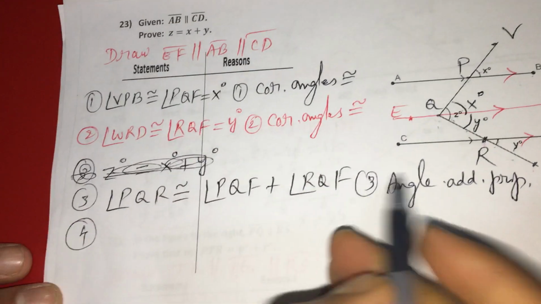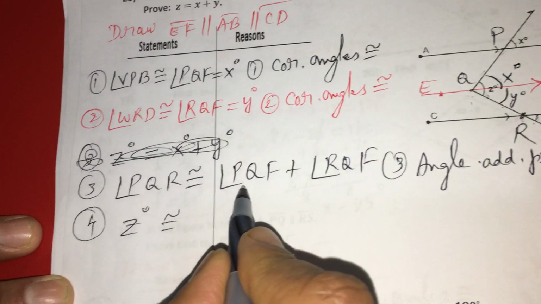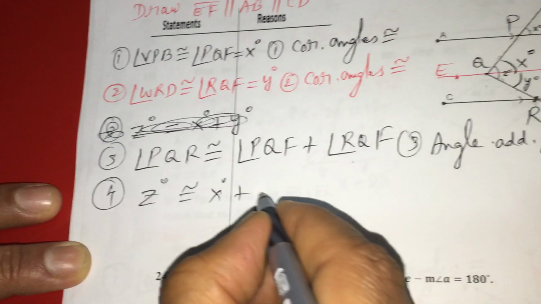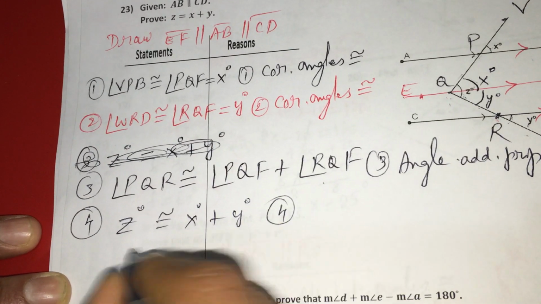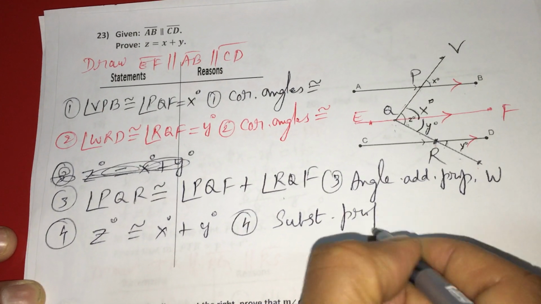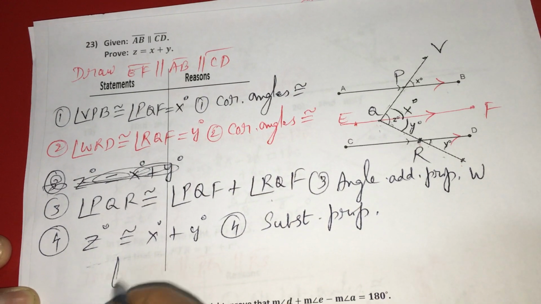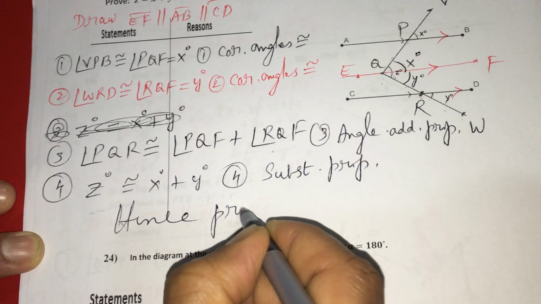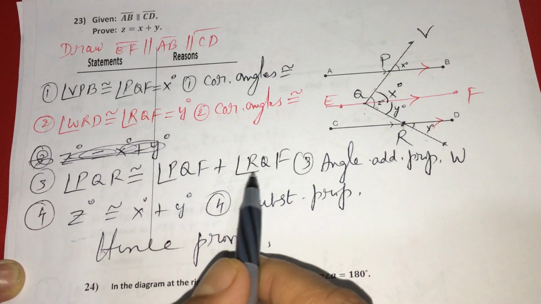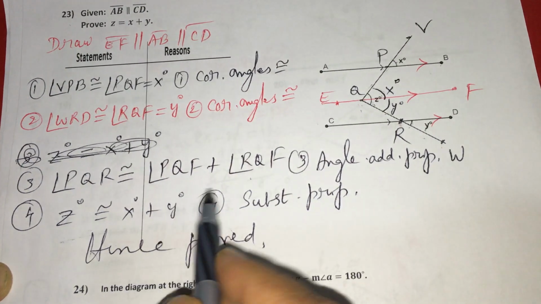Now, the fourth one, for angle PQR, I write z degrees, and angle PQF, I write x degrees, and angle RQF, I write y degrees. What is the property I used? Here I used the substitution property. And if you see here, z is x plus y, that's what we got here. Hence proved. So in this way, you have to prove this 23rd. After watching this, you have to do it without seeing in the same way. Then only you will become a master of this. Thank you.